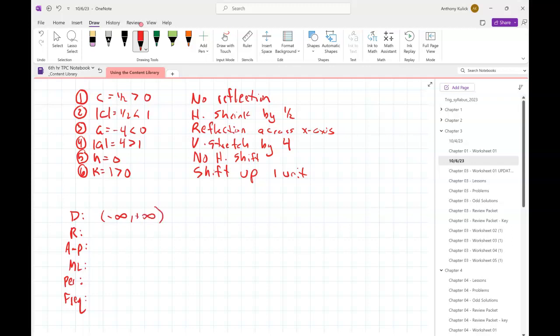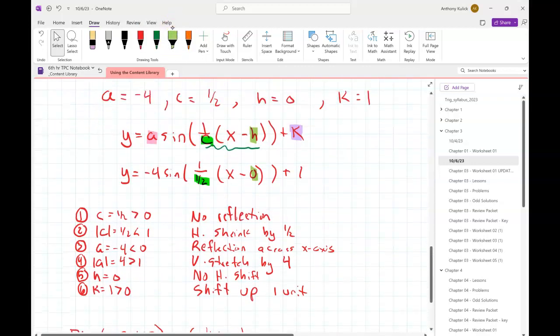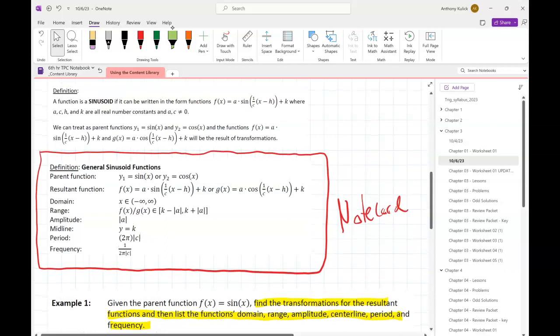That's all real numbers, always. Again, if I go back and look, for any resultant function, the domain is all real numbers. Oh, swell.